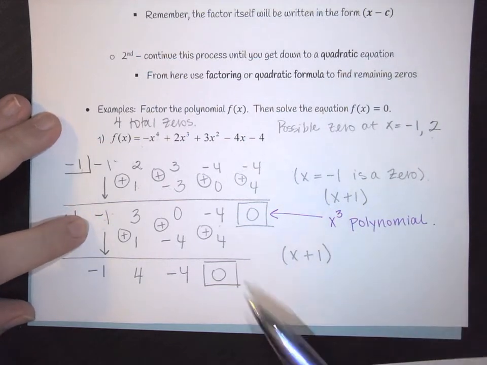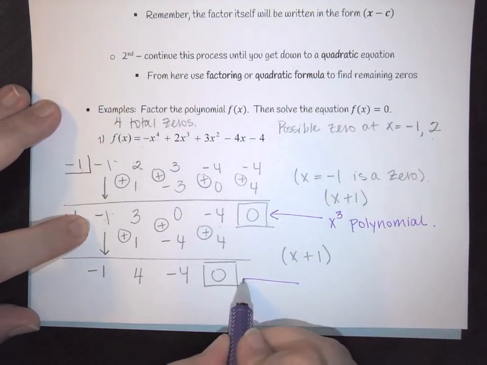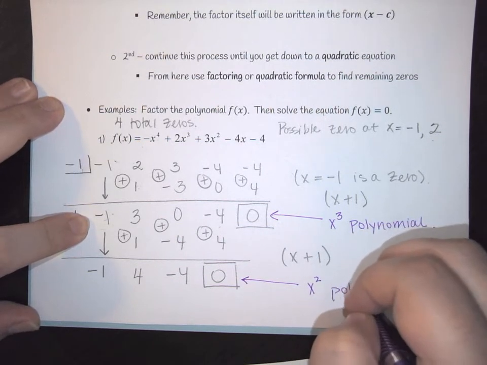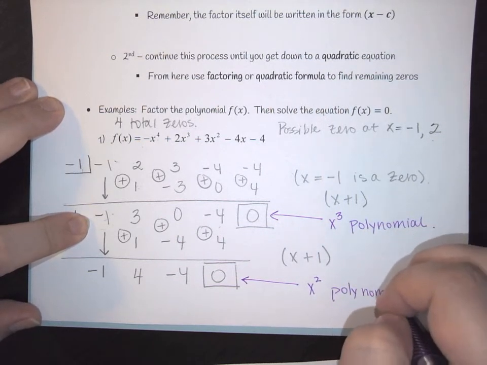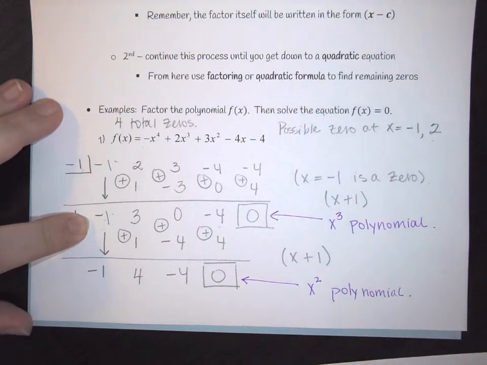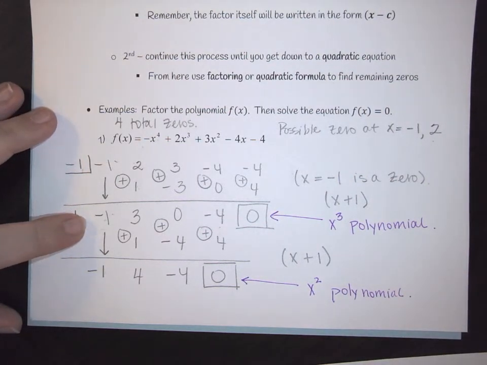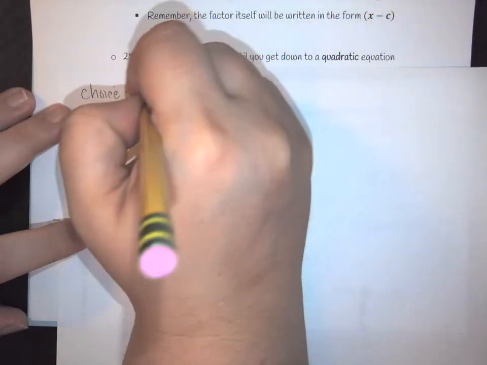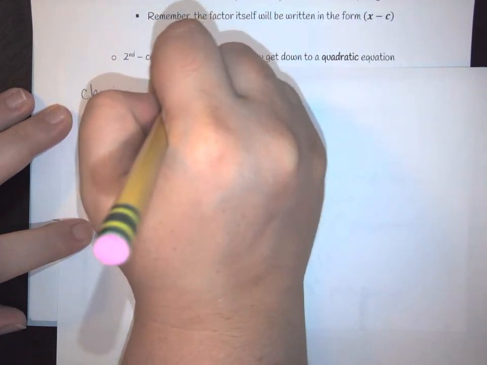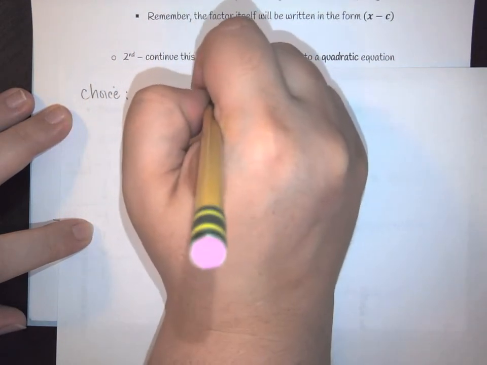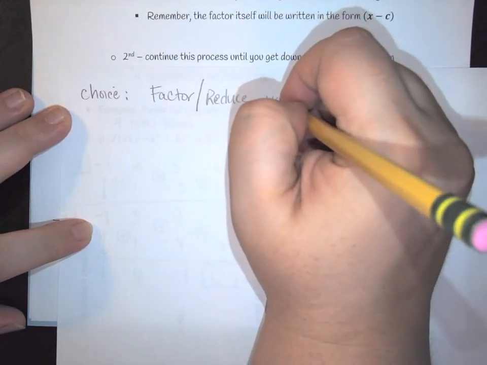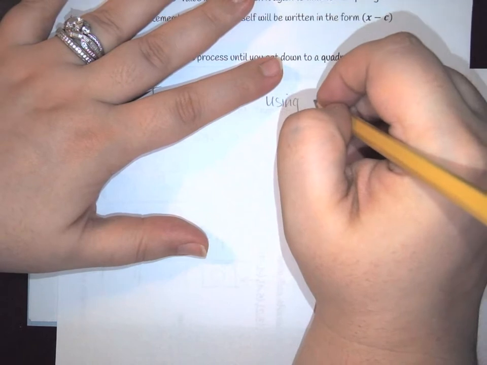I ran my synthetic again, which means this row here is now an x squared polynomial. Because I have an x squared, this is where you have a choice. Okay, so your choice is this. You can factor or reduce using quadratics.